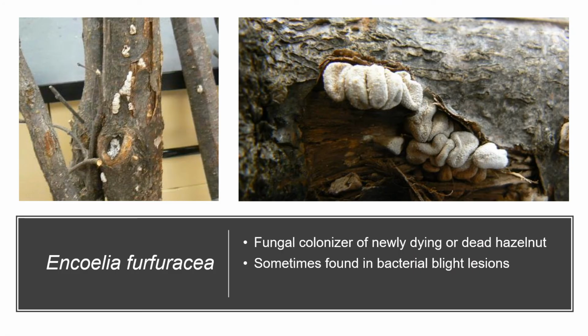With the next couple of slides, I'm going to touch on some decay fungi that we see on hazelnuts in Ontario. As the name implies, these are not primary pathogens. These are fungi that tend to go on decaying bark. So they enter wounds that are caused by pruning, winter injury, or as secondary invaders colonizing trees already damaged by other pests.